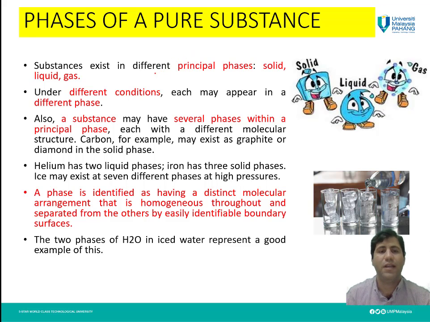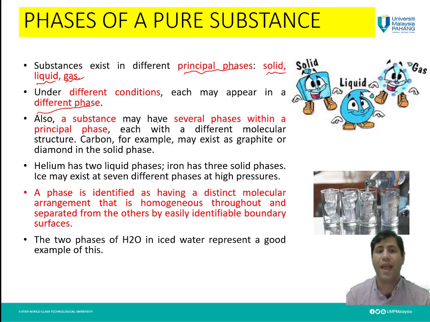We have three different principal phases for different materials: solid, liquid, and gas, and under different conditions one substance may appear in different phases. For example, water or H2O can be gas as vapor, liquid as water, or solid as ice. So you can see one substance can have different phases in different conditions.